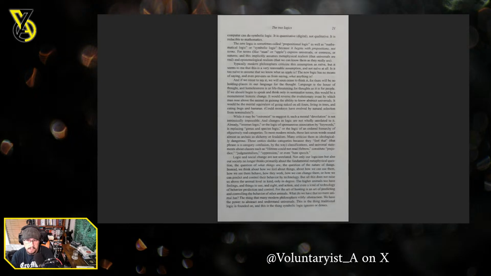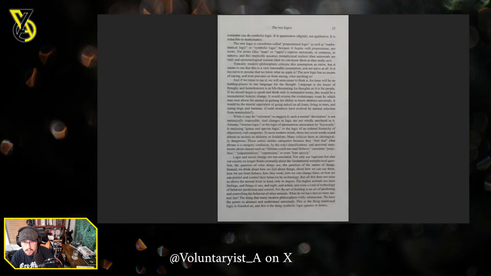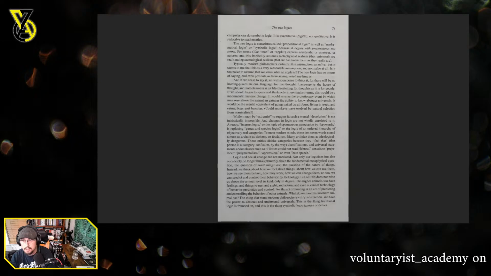The new logic is sometimes called propositional logic, as well as mathematical logic or symbolic logic, because it begins with propositions, not terms. For terms, like man or apple, express universals or essences or natures, and this implicitly assumes metaphysical realism, that universals are real, and epistemological realism, that we can know them as they really are.